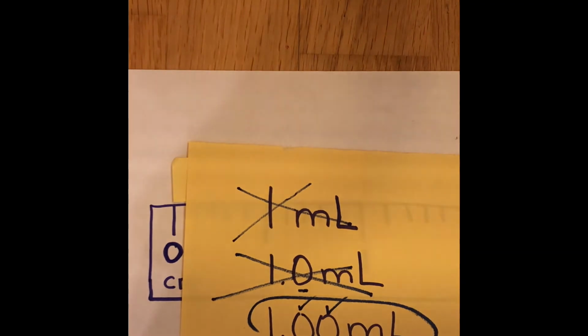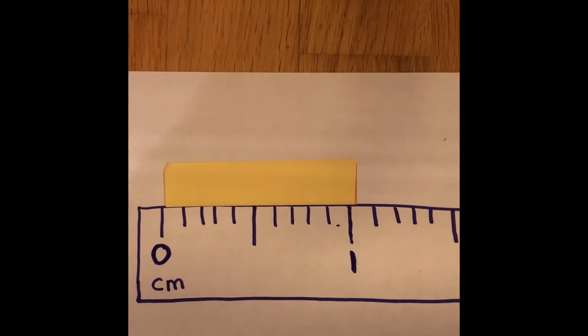So this rule goes up in the 10th place, it's 1/10, so that doesn't give us the estimate. This one's the correct answer, so it gives us what the scale goes up by and then the one uncertain digit that you get, your estimate. This one went way too far. You can't have two uncertain places. So my reading is 1.00 milliliters.